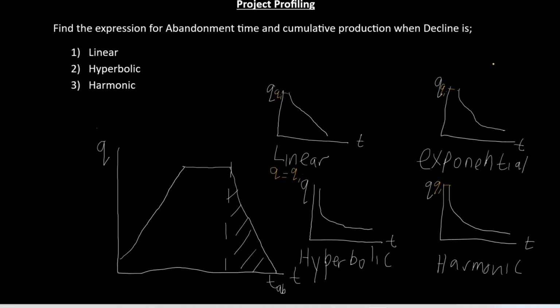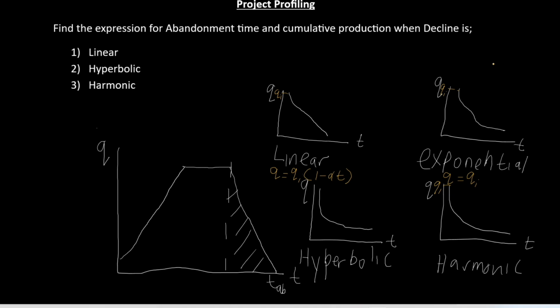So our expression for rate of production at any time we want to look for is given to us as Q is equal to our initial rate of production QI times 1 minus alpha T. Alpha is what we call instantaneous decline rates.